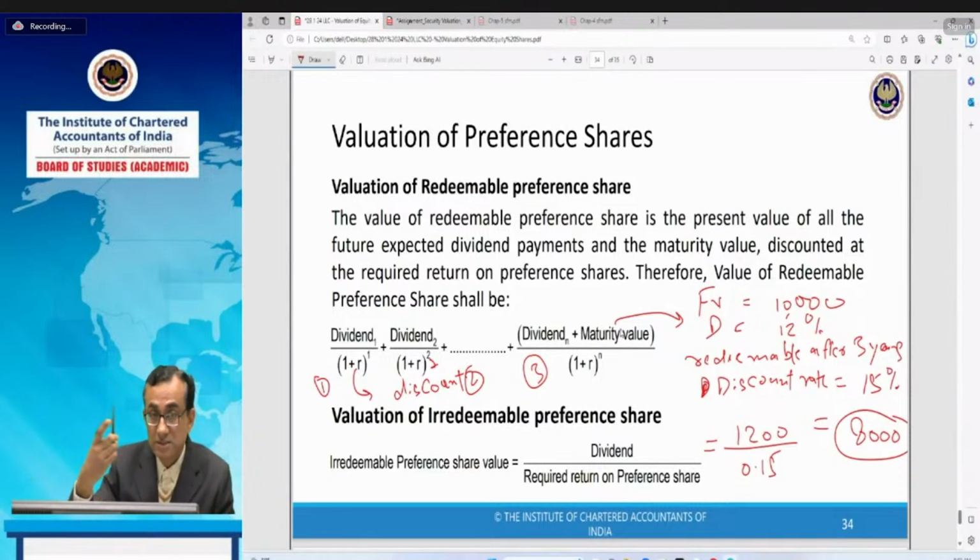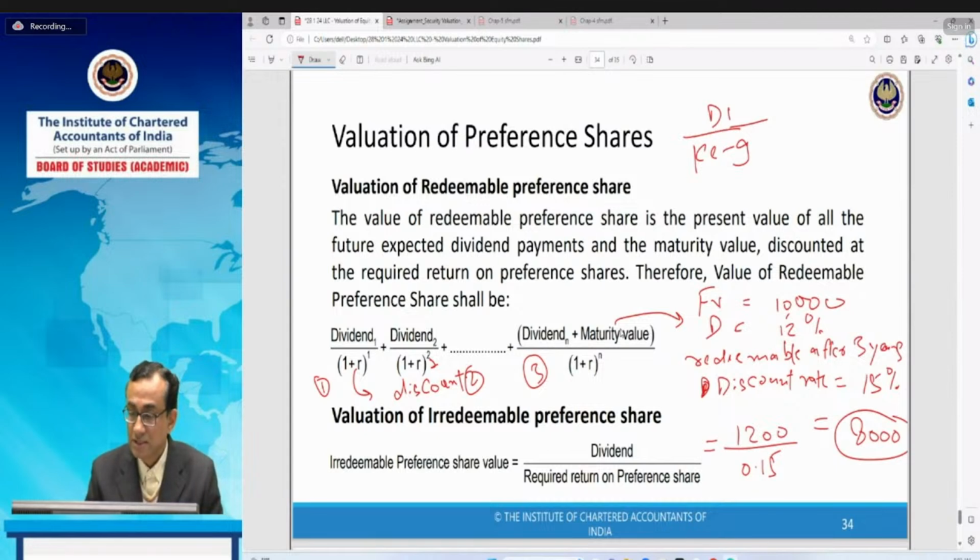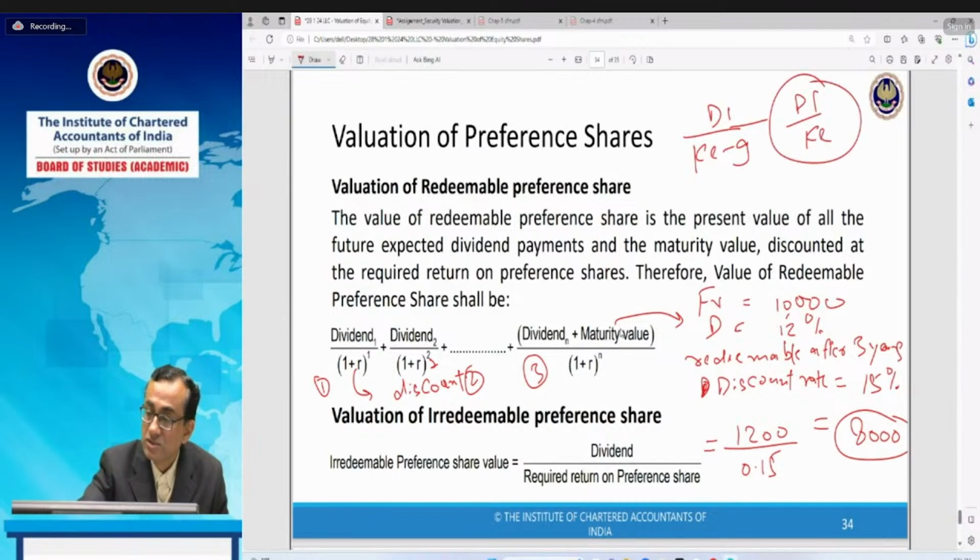See, just recall that in the valuation of equity shares in Gordon's model, we wrote the formula as D1 upon KE minus G. Here, if the growth rate is not there, then it will be D1 upon KE only. In case of zero growth rate, the formula was D1 upon KE.